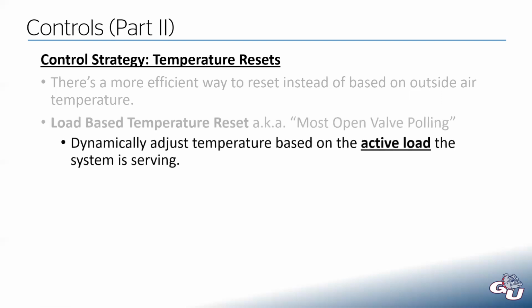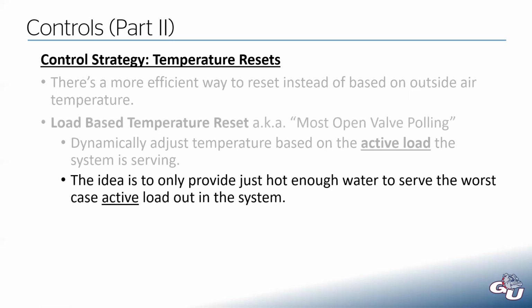The idea here is we're going to dynamically adjust the temperature based on what the active load actually is in whatever system we're looking at. So if we have a hot water system, we want to provide just hot enough water to serve the worst case active load out in the system.